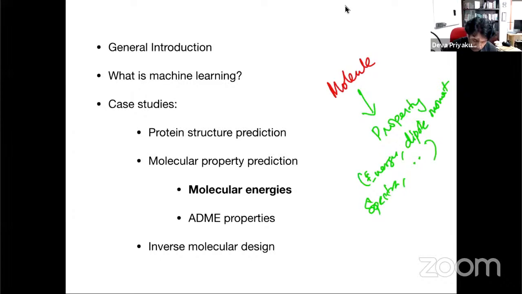So you have a large number of molecular properties associated with every molecule, and I want to calculate properties. How do we normally do it in traditional computation? We use computational methods like quantum mechanics or density functional theory or molecular dynamics simulations and so on, right? So these are some of the popular methods that we use to calculate properties of any given molecule. This is what we normally do, right?